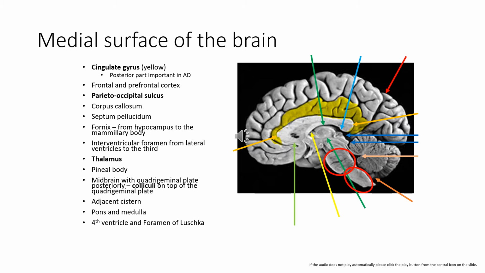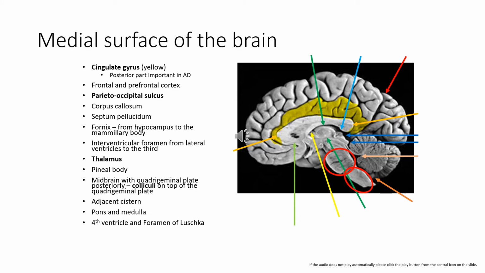The pale green arrow shows the interventricular foramen that connects the lateral ventricles to the third ventricle, and we'll discuss ventricular anatomy later. The two dark green arrows show the thalamus, an area of intense FDG uptake.